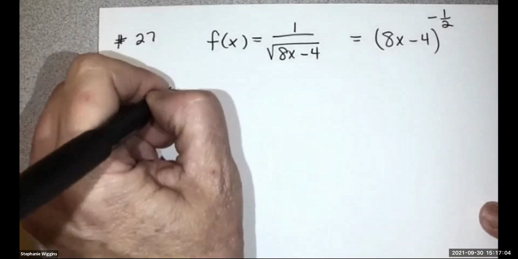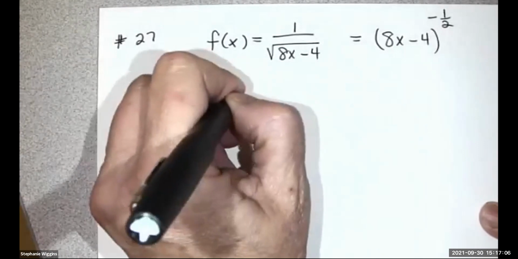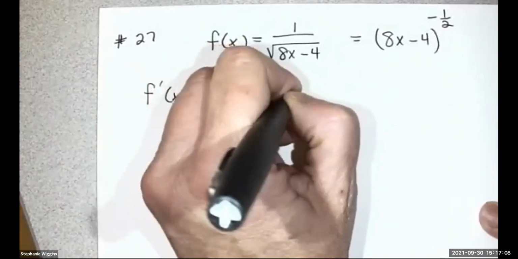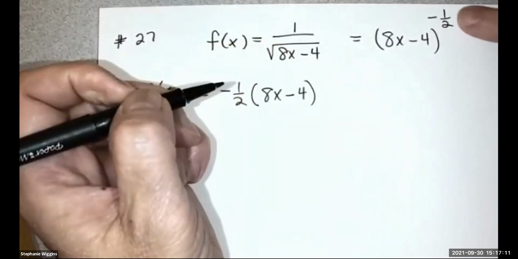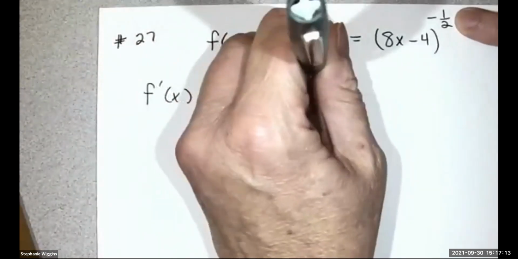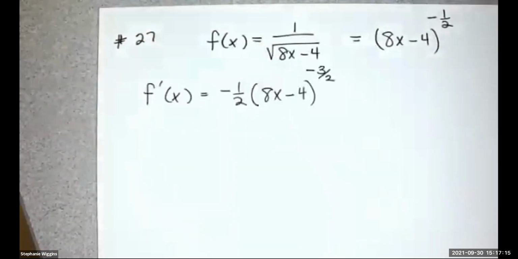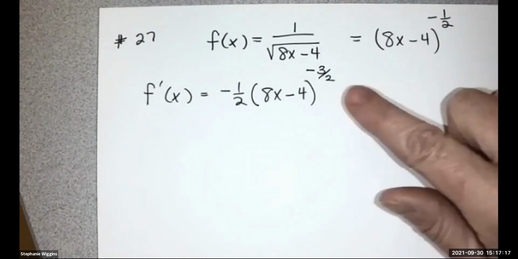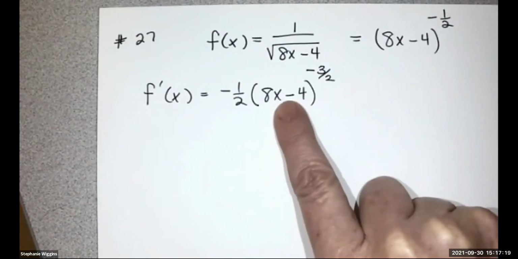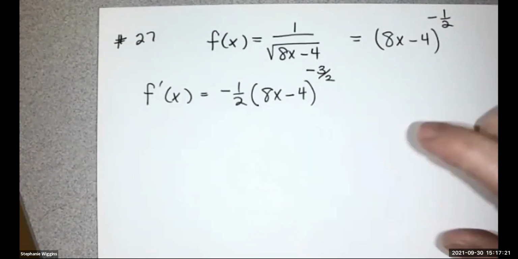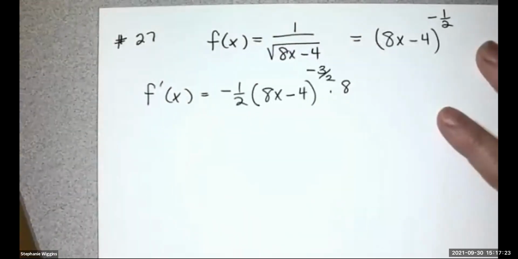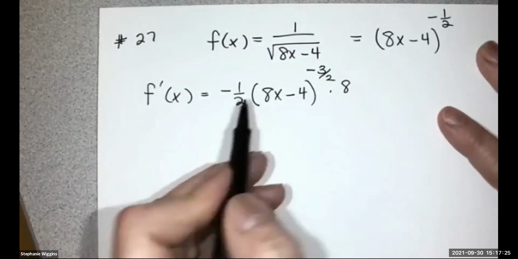So when I take the derivative, it's going to be negative 1/2 times 8x minus 4. Subtracting 1 from negative 1/2 is going to be negative 3/2. Okay. And finally, I need to multiply by the derivative of the inside function. So that's going to be times 8. That's the derivative of what's in here.